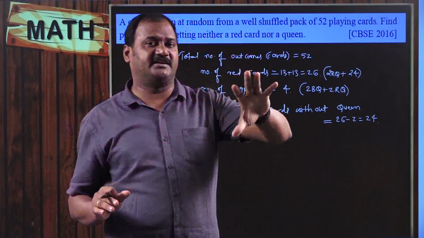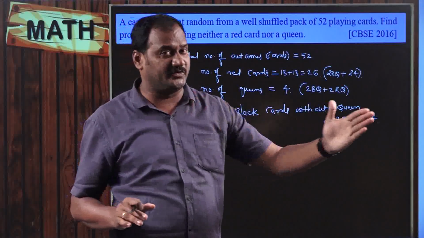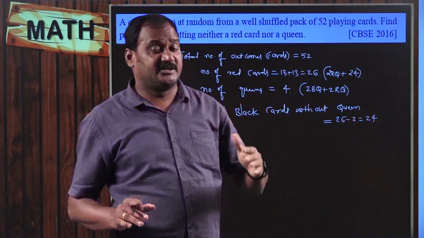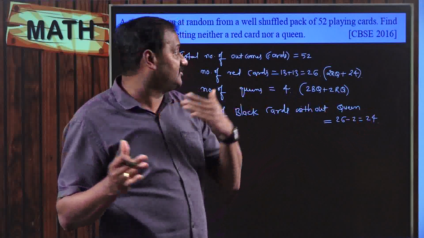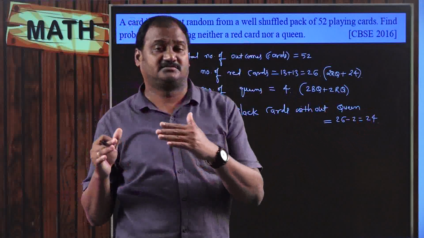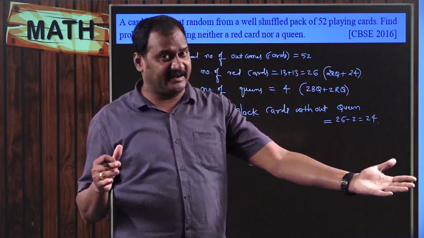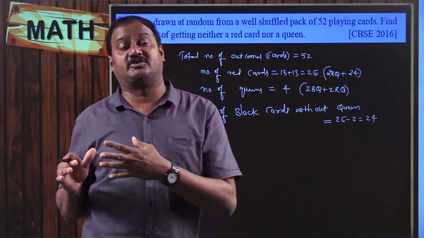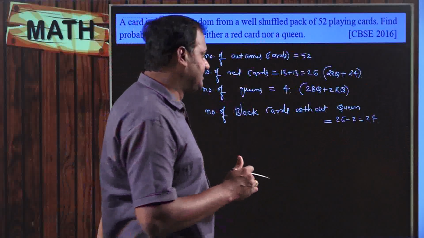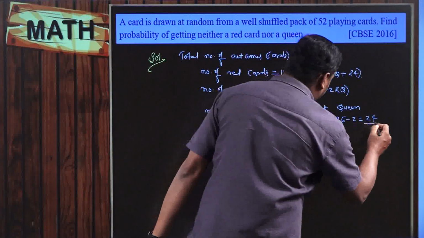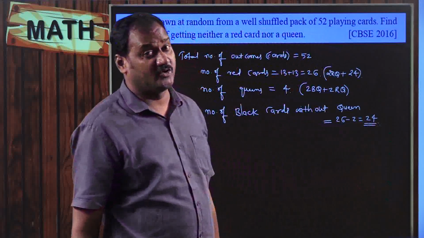There are totally 13 plus 13 equal to 26 red cards we are removing. The remaining number of black cards is 26, and out of these, there are 2 queens, so we remove them. Therefore, the total number of cards which are neither red cards nor queens is 24.